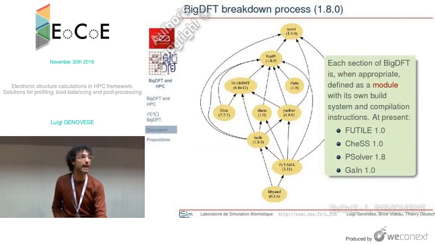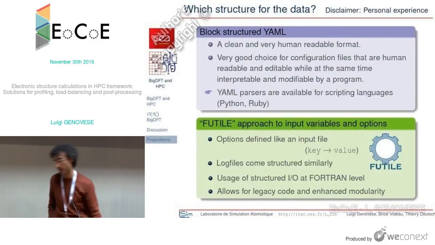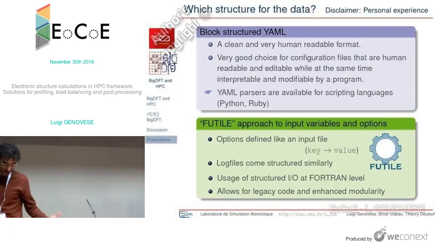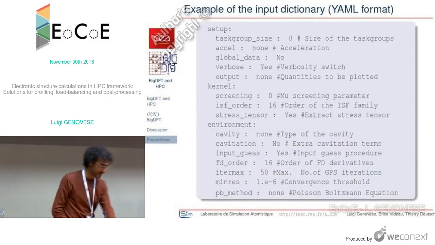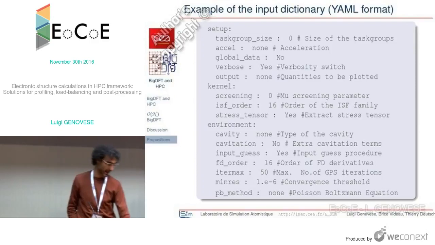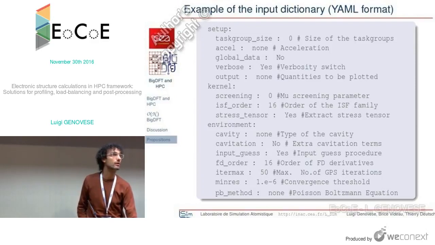So the markup language we have identified is block-structured YAML. YAML is a markup language which has this appearance. If you haven't heard about it, it is really like JSON.